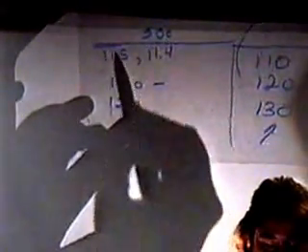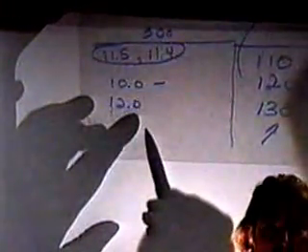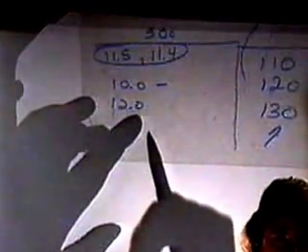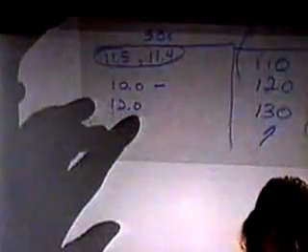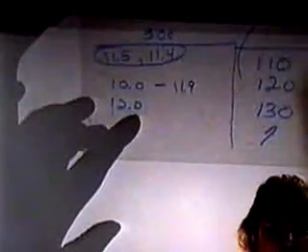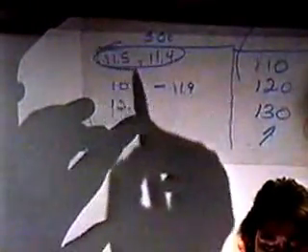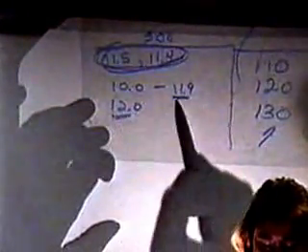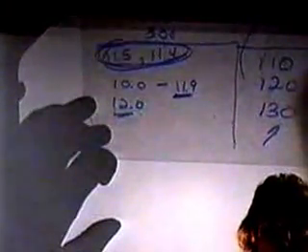Then what would you take away here? It'd be 11.9. You take away a tenth. It's whatever these numbers are rounded to, that's how much you subtract from here to here to get the first upper. Okay? Is that clear?